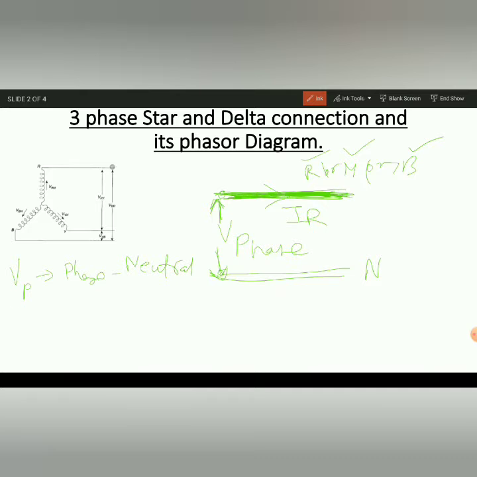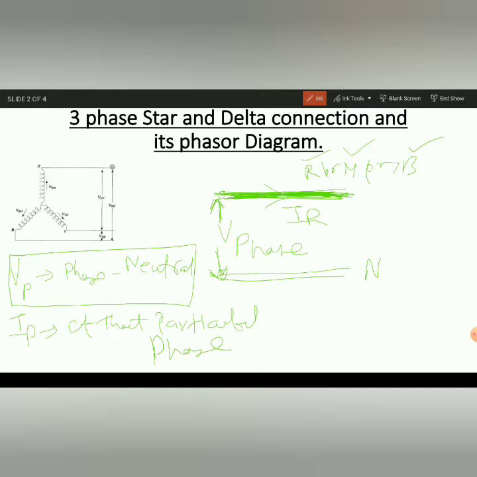Okay, so the first one is the phase voltage and phase current. Phase voltage means the voltage between one phase and neutral, and the current flowing in that particular phase is called the phase current. Okay, so here IP is the current flowing in that particular phase. Okay, now this is clear.